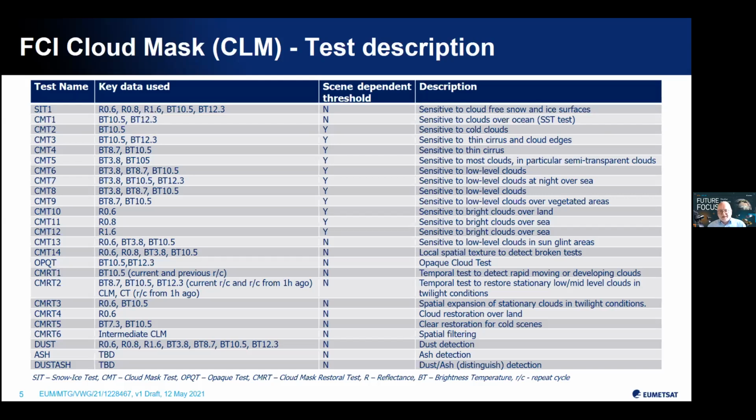We do a spatial filtering, and we do dust detection and ash detection, making a distinction between the two because they give similar signals. For the time being, the ash detection is not fully defined, and we will introduce an ash detection algorithm here after day one.